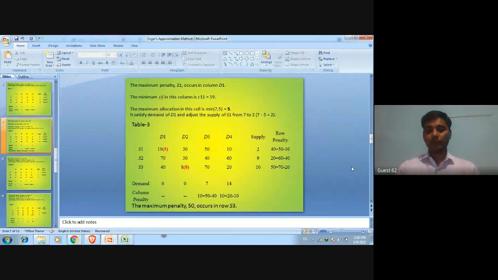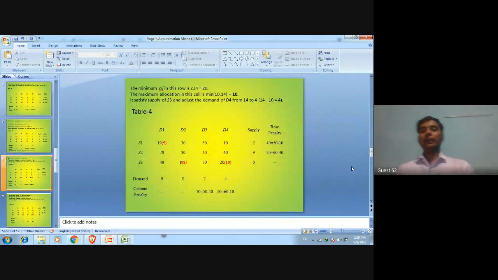Again, see in the PPT. Let us check this. Penalty for row 1 is 40, penalty for row 2 is 20, and for column D1, no penalty, for column D2, no penalty, for column D3, that is 10, and for column D4 it is 50.